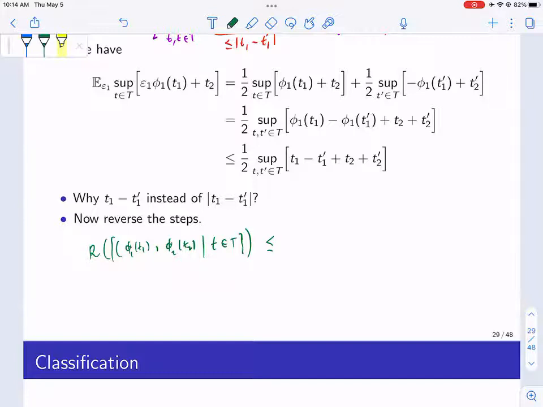I can do it once, so I can peel one of them off. I call this S. What we proved shows that I can drop the first one, because as T2 varies, it's like phi 1 T1 and S, where T1 and S are in a new set. So you can apply that. Now I have this, and I just peel off this one again.